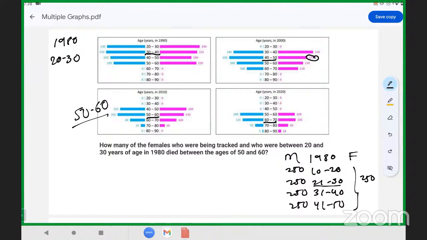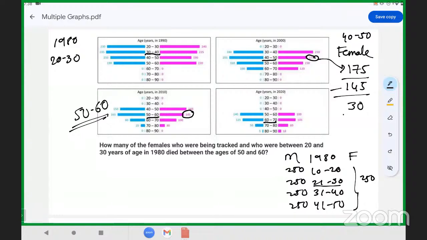In the age of 40 to 50, the females were 175. And by the end of 50 to 60, they are 145, which means if I deduct 145, 30 females died in the age period of 50 to 60. So the answer is, mortality number is 30.